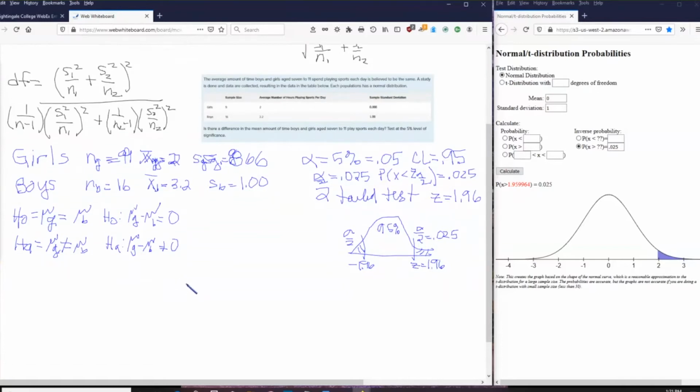So now we're going to go ahead and plug in some numbers. If I have the mean of the girls minus the mean of the boys, that's going to give me 2 minus 3.2, which is going to give me a minus 1.2.